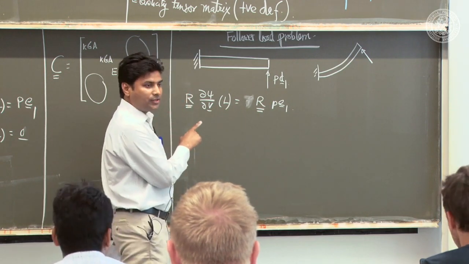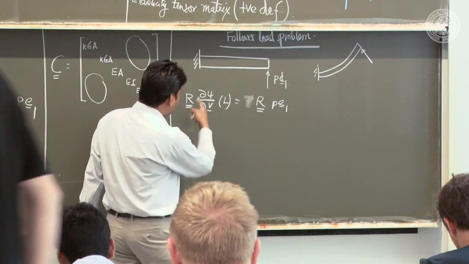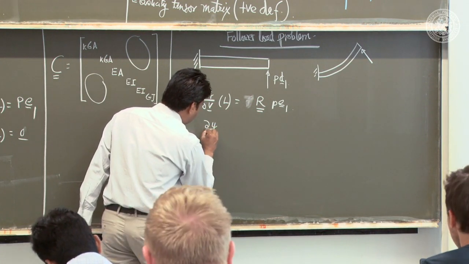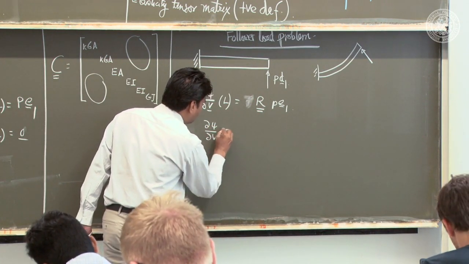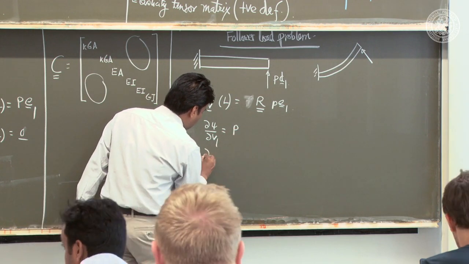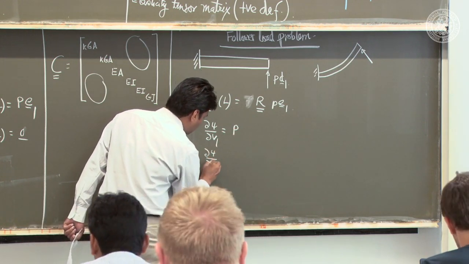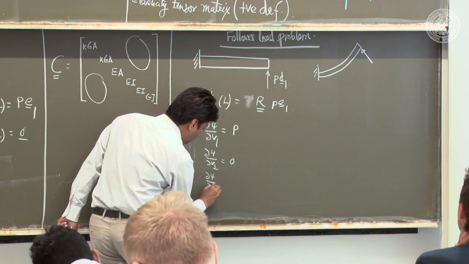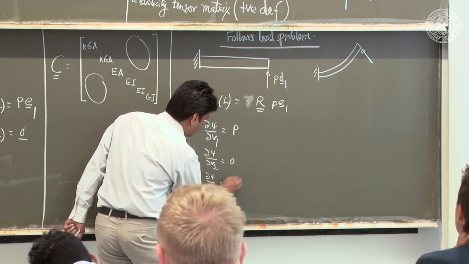And this is a much easier boundary condition actually, because this R cancels and it's just that del psi by del V1 is equal to P, then del psi by del V2 is equal to 0, and del psi over del V3 is equal to 0.